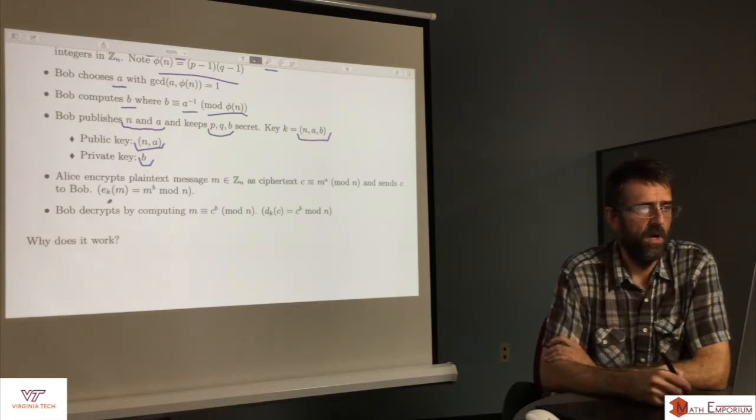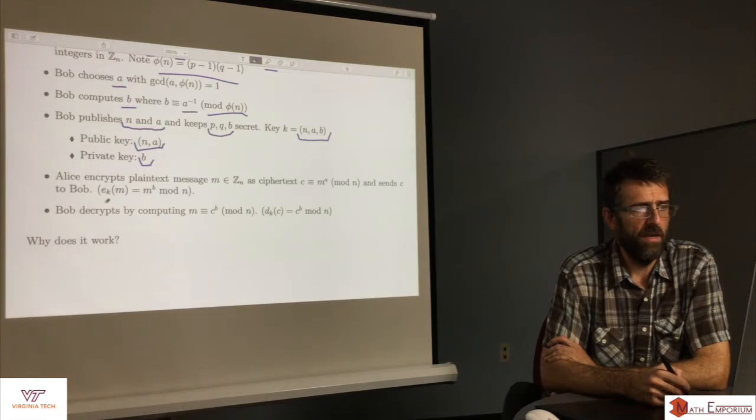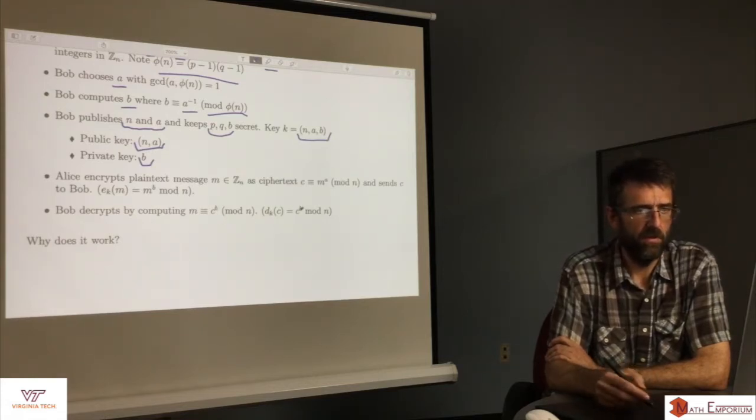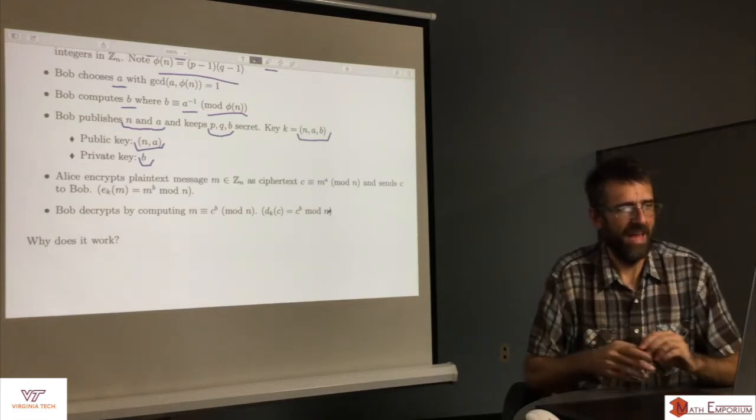In terms of the parameters of the crypto system that we described above, E sub k of message M is M to the A reduced mod n. Bob is going to recover that original message by taking the ciphertext and raising it to the power of the private decryption exponent. Another way to say that, D sub k, decryption with this key of ciphertext C, is C to the B mod n.